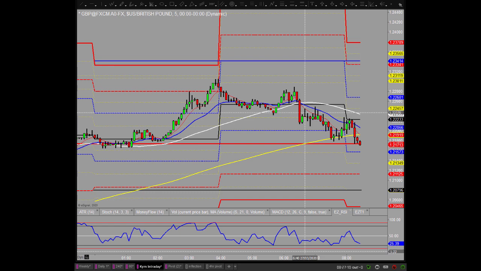So short with a target there of 20.80. I'll leave it about 5 pips there, so 20.85 let's go for. So it's about 85 pips if it was to run straight down towards that daily pivot. So there we are, short with a 25 pip stop. It's about an 85 pip target at this stage.